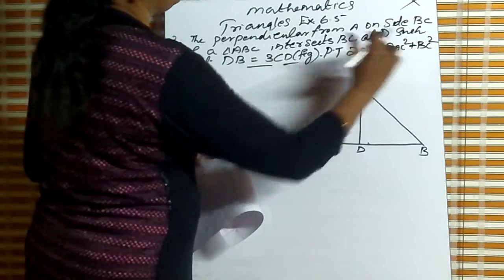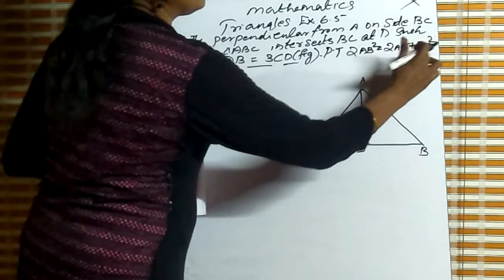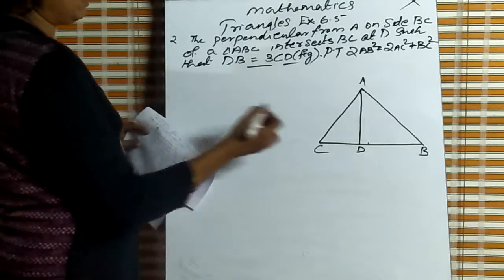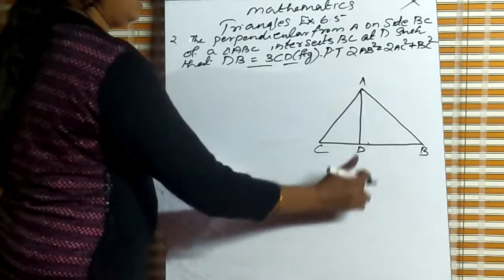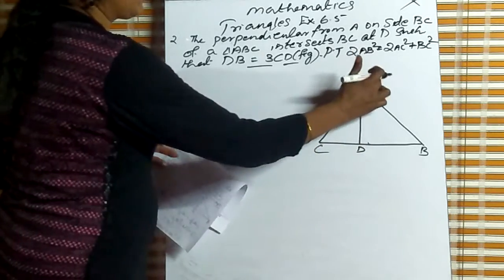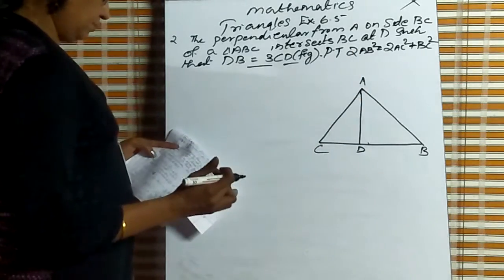Prove that 2AB square is equal to 2AC square plus 2BC square. What is given here? We have a triangle ABC and AD is the perpendicular from vertex A to side BC.